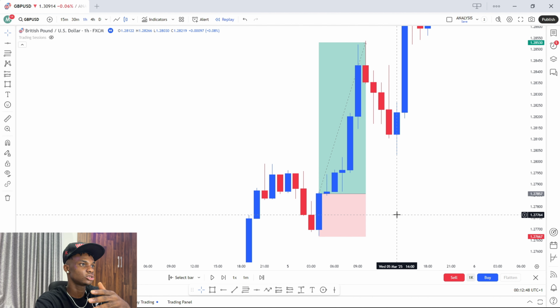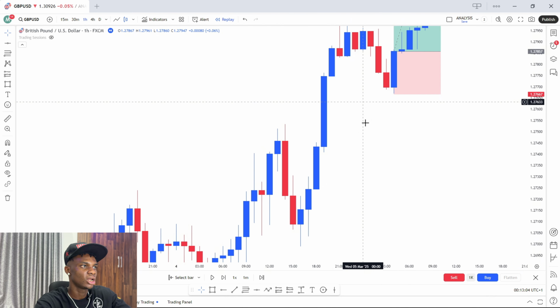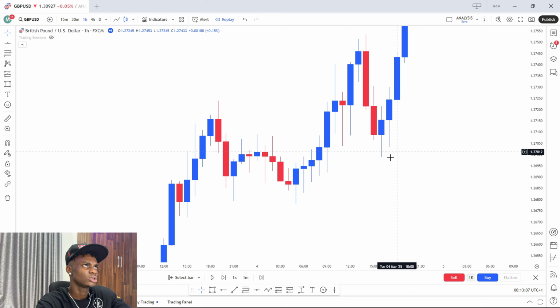You can be trading support and resistance, you can be trading Fibonacci, you can be trading any type of strategy, but this entry signal is where you take your buy decision or your sell decision if it's a bearish engulfing example. Let's look for a bearish engulfing example. This obviously is a bearish engulfing example.